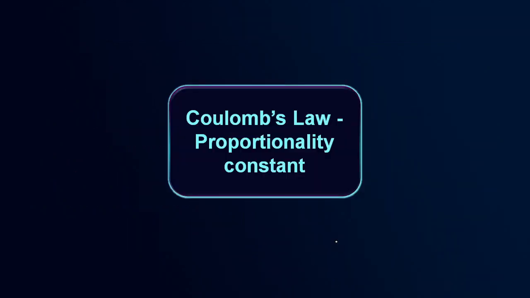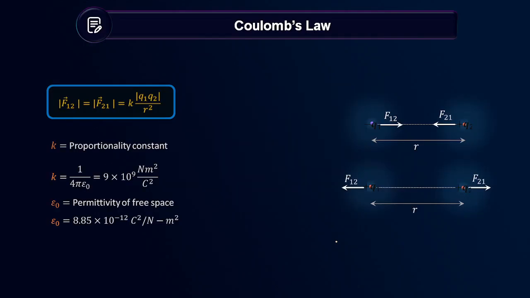Coulomb's law's next property is the proportionality constant k. What is k? We saw that F is k q1 q2 by r square. k is called the proportionality constant and its value is k equals 1 upon 4 pi epsilon naught, which is 9 into 10 to the power 9, and the unit is Newton meter square per Coulomb square.